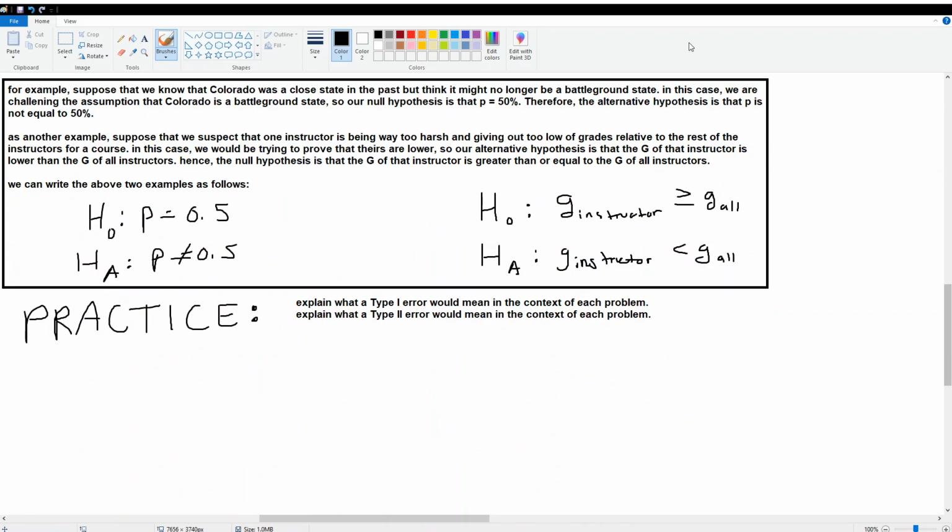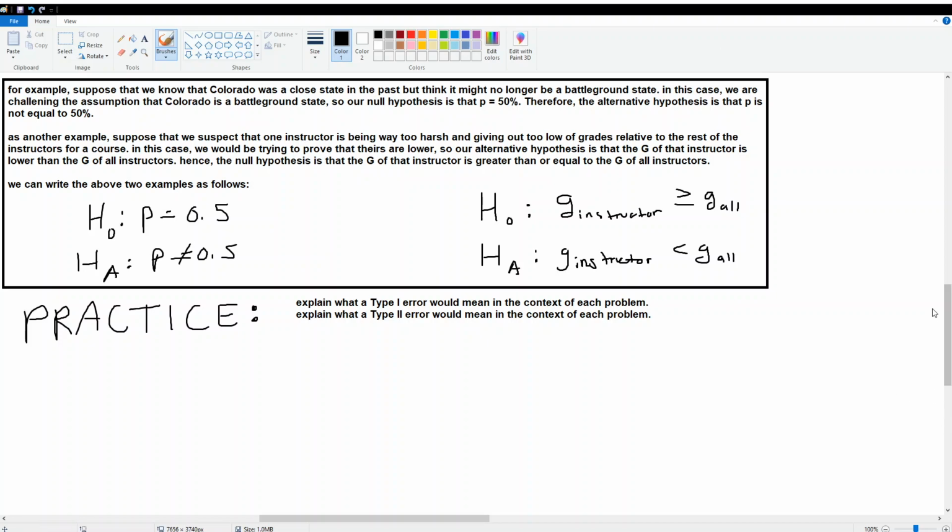So, in our example, we have the ones from earlier. As practice, I want you to explain what a type 1 error would mean in the context of each problem, and then explain what a type 2 error would mean in the context of each problem.